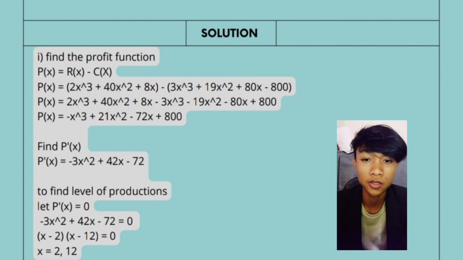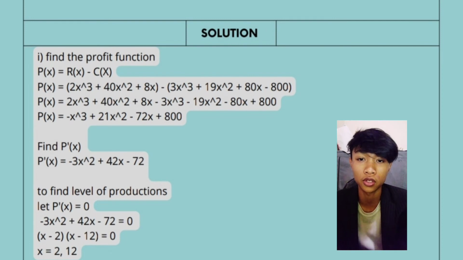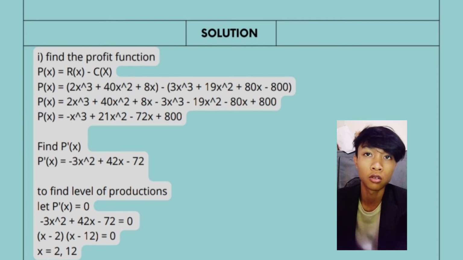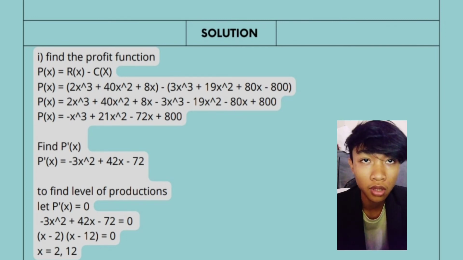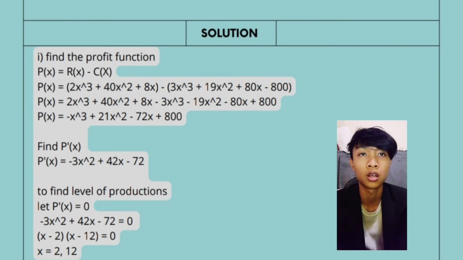So for the solution for number 1 Roman, we need to find the profit function. The profit function formula is revenue function minus cost function. So we take the revenue function, which is open bracket 2x to the power of 3 plus 40x to the power of 2 plus 8x close bracket, minus open bracket 3x to the power of 3 plus 19x to the power of 2 plus 80x minus 800 close bracket.